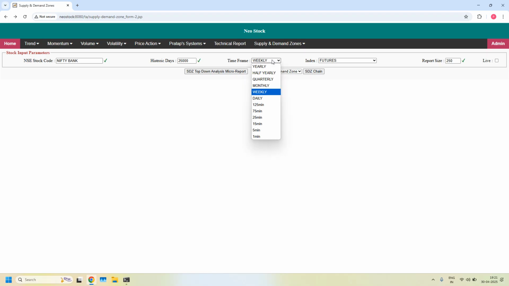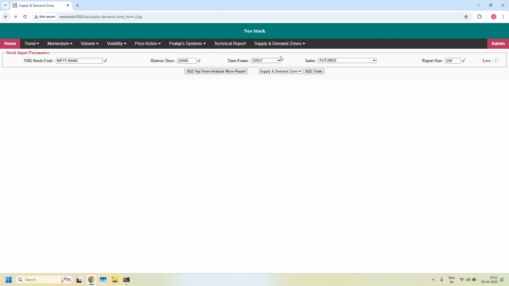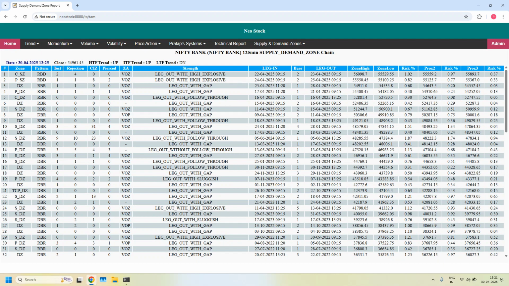Next, generating daily supply demand zone chain for Bank Nifty. Okay, next, generating 125 minutes supply demand zone chain for Bank Nifty.